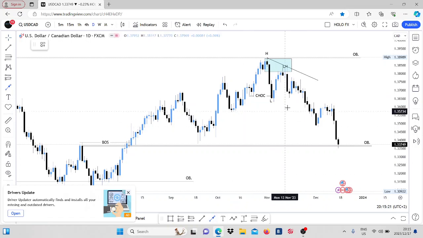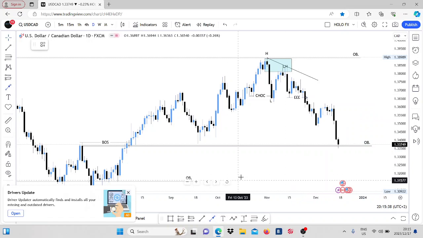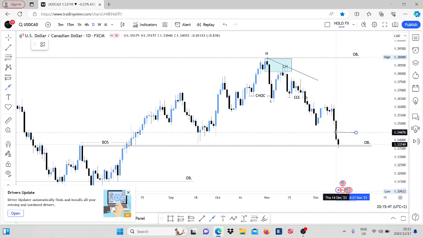These relatively equal lows. Mind you, in this area here, we left a bit of a fair value gap and imbalance at the same time, right?